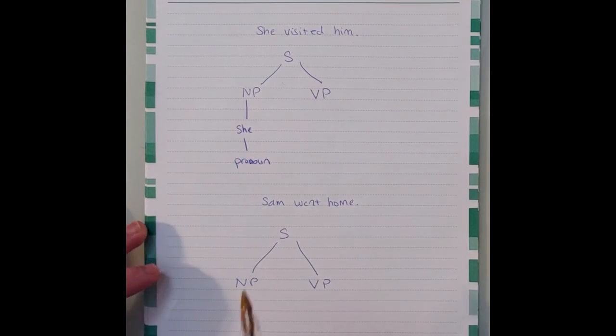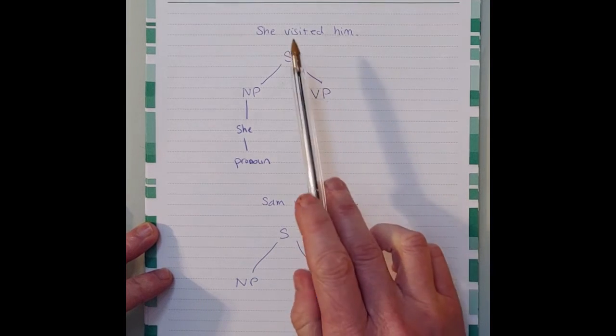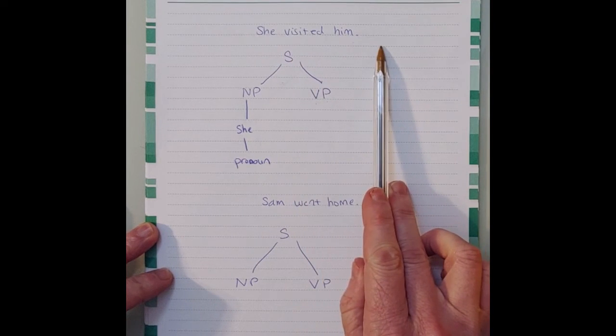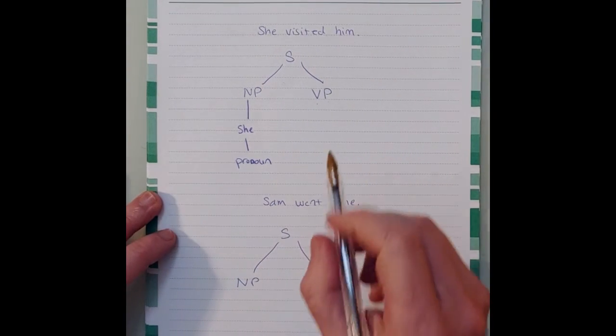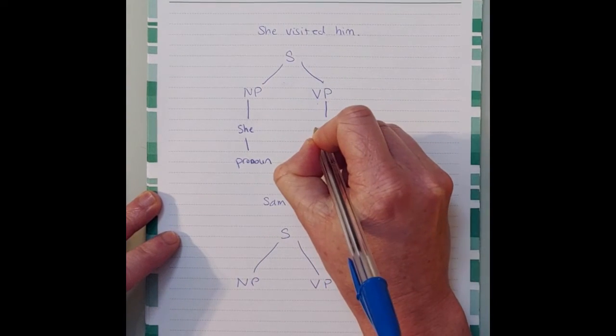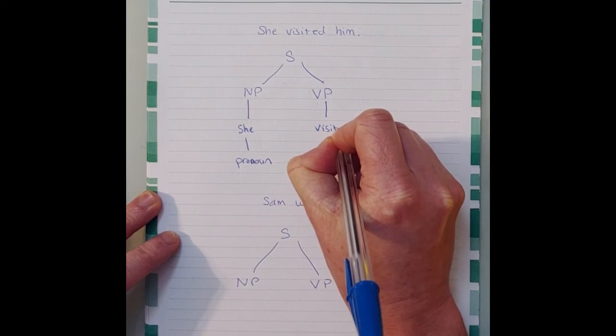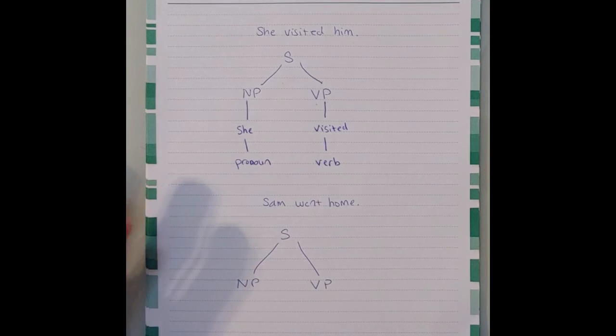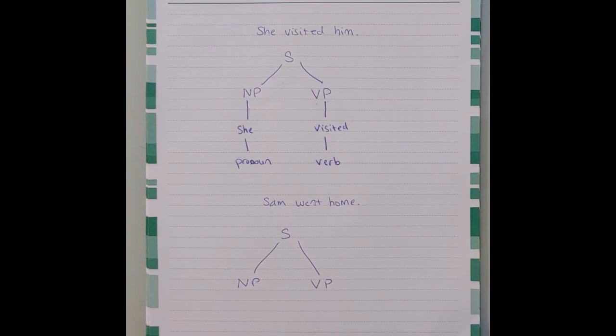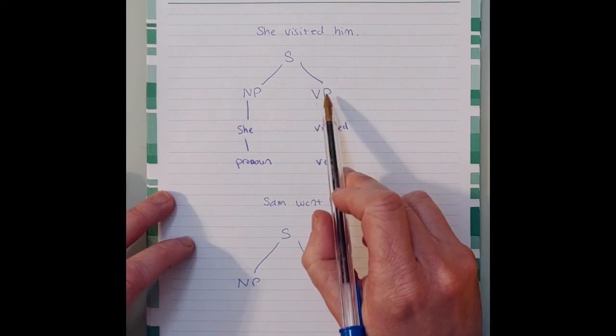Okay, excuse my handwriting. My verb phrase, remember the predicate is everything from the verb afterwards. So this one's going to look a little different than our last tree that we just did together. So our verb phrase has the verb visited, and I know that's a verb. But as we've discussed, and as I've shown earlier in this lecture, inside our verb phrase, we're going to have other phrases.